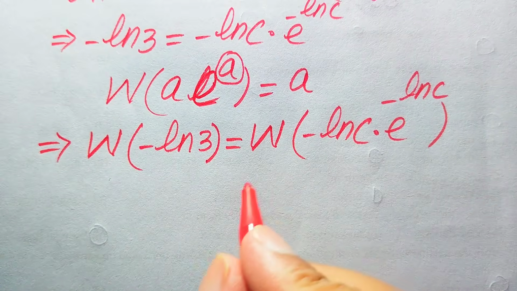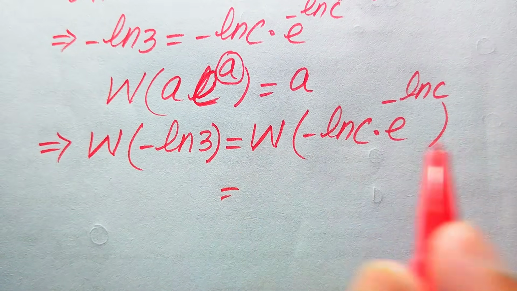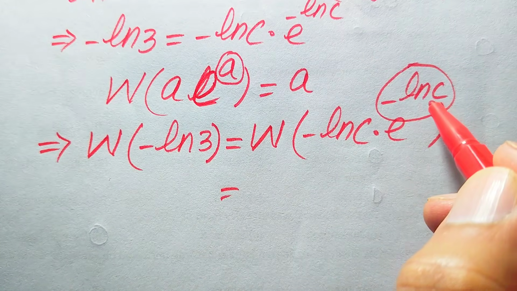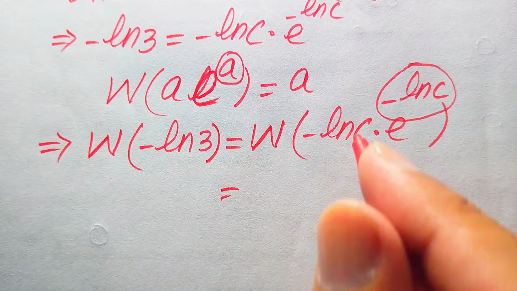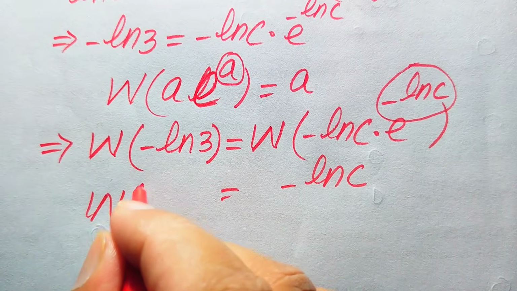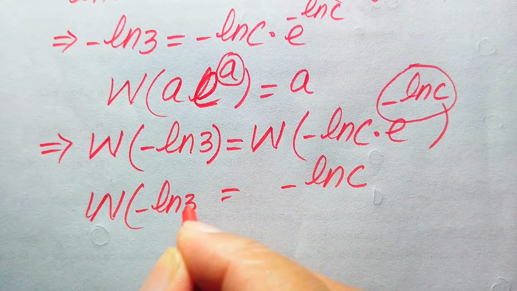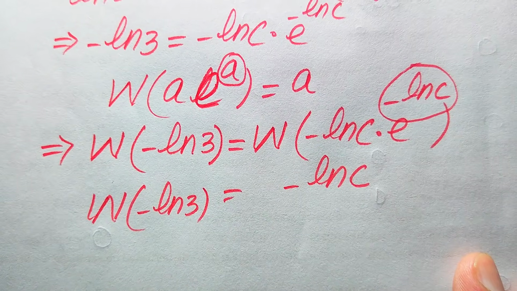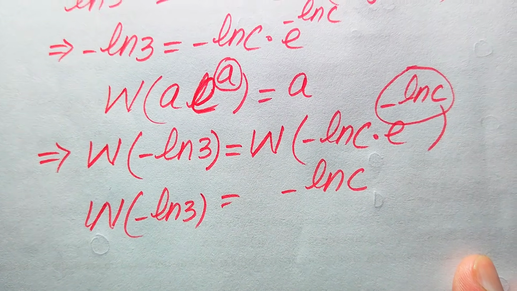You see that the output of this Lambert W function is the exponent of e. The exponent of e is minus log c, so the output is written as minus log c equals W of minus log 3. In the next step, we need to find the value of c.